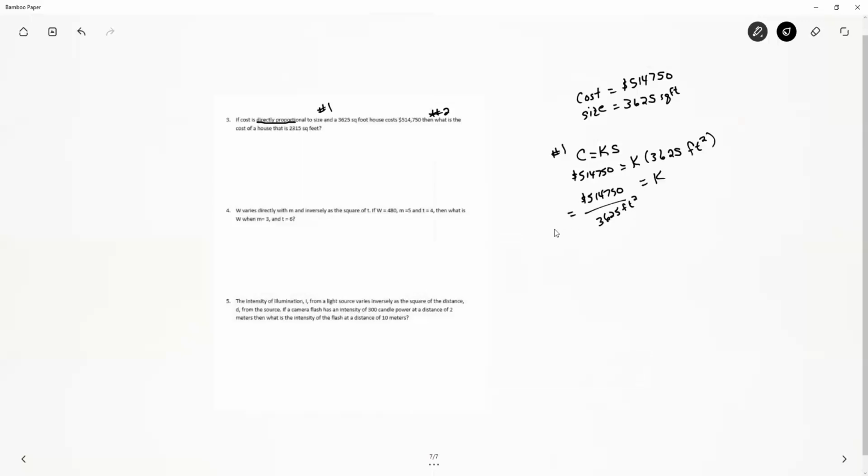So K is going to be equal to $142 per square foot. Okay, so let's look at the second piece. So C is equal to 142 per square foot times S. And they asked, what is the cost of a house that's 2,315 square feet? So 142 per square foot times 2,315 square feet.